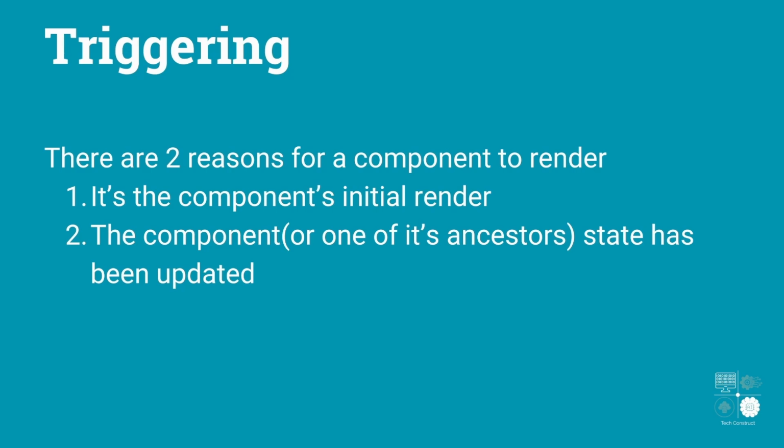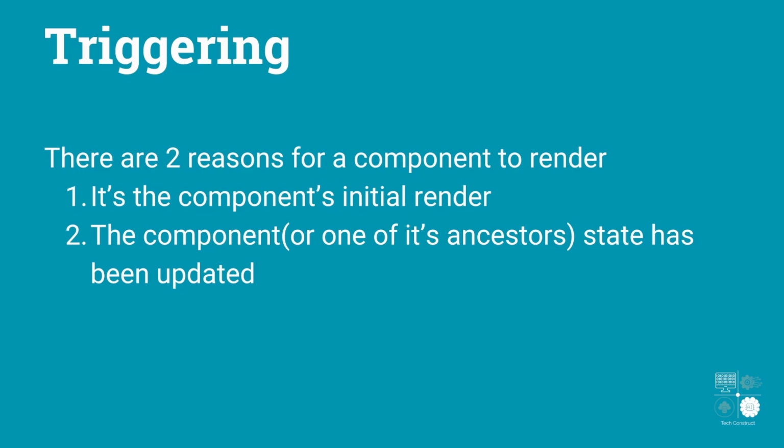When it comes to triggering a component, there are 2 reasons for that component to render. The first is the component's initial render. An initial render occurs when the app first starts up. The second render, the component or one of its ancestors' state has been updated.